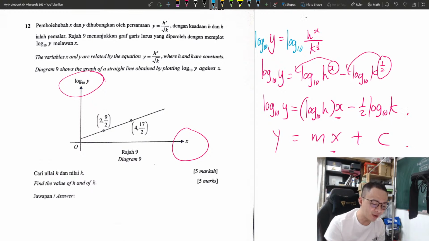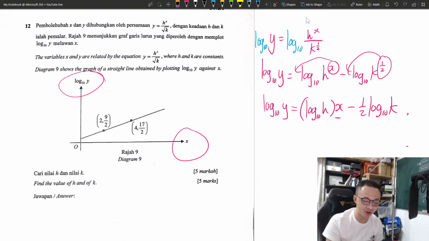Okay, based on the position, we can actually solve it by doing substitution. You should know when you want to substitute, right? This one is no longer x and y, because some students might think, oh, these are coordinates x and y. No, the coordinates follow your x axis and y axis.